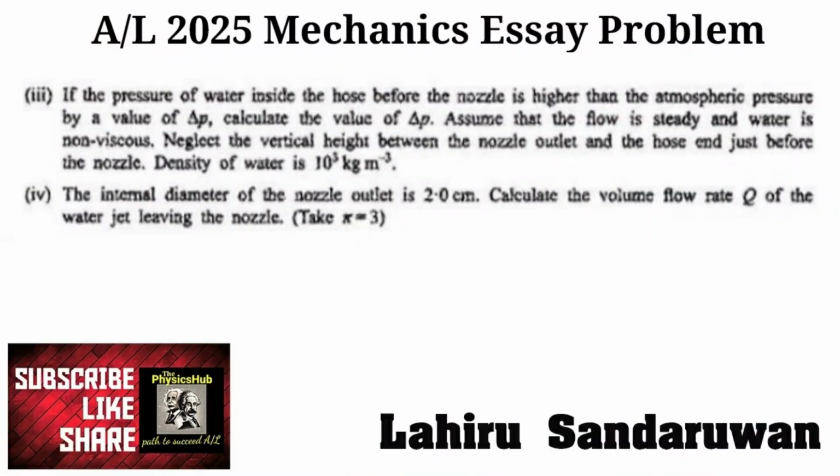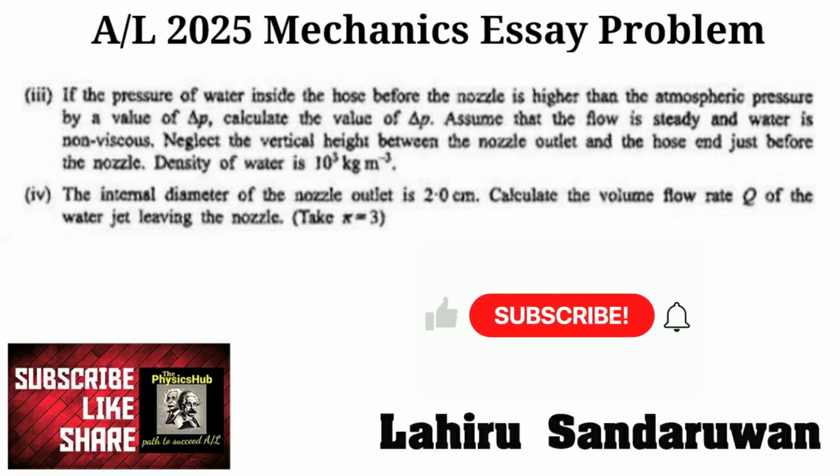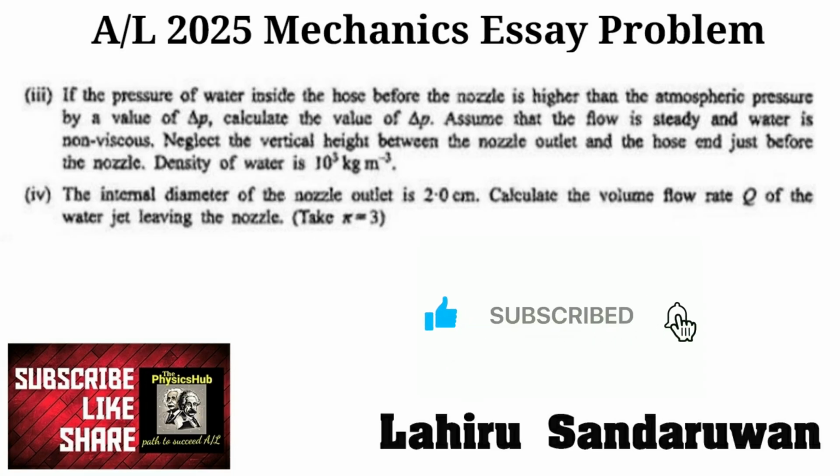Then part 3: if the pressure of water inside the hose before the nozzle is higher than atmospheric pressure by a value of delta P, calculate the value of delta P. Assume that the flow is steady and water is non-viscous.